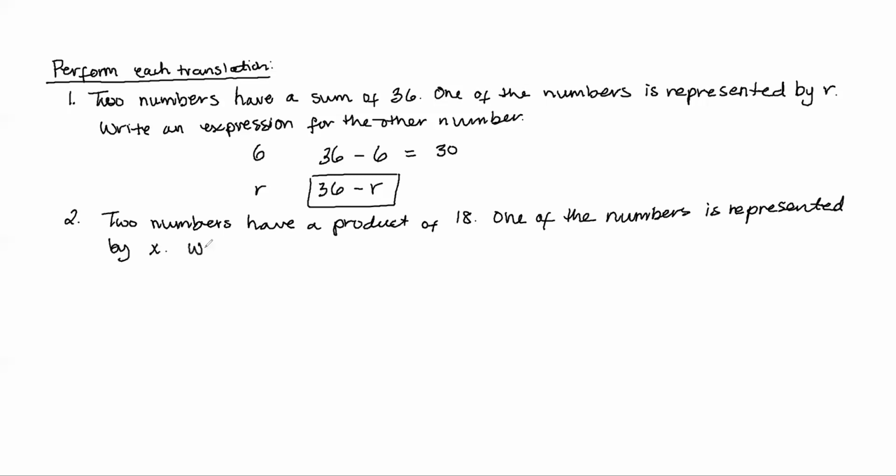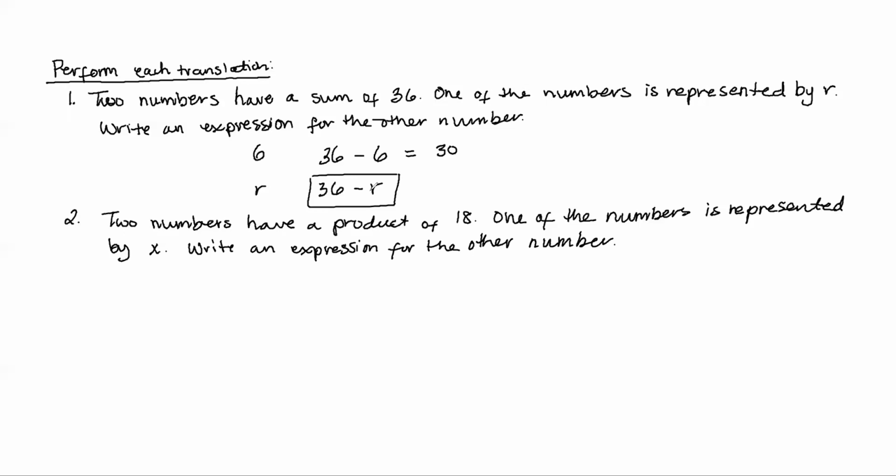Write an expression for the other number. All right, and so one thing to keep in mind when you see these problems in the homework, if they specify a variable, like this one used r, make sure you use r in your answer, otherwise it's going to mark it wrong. But it should give you some kind of indication that it's correct except for the variable.